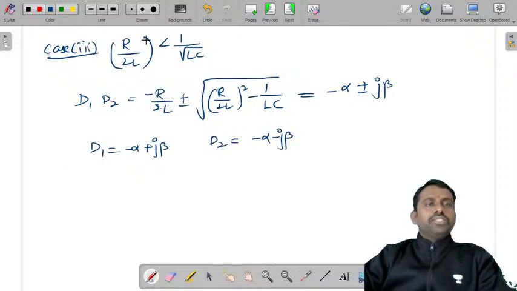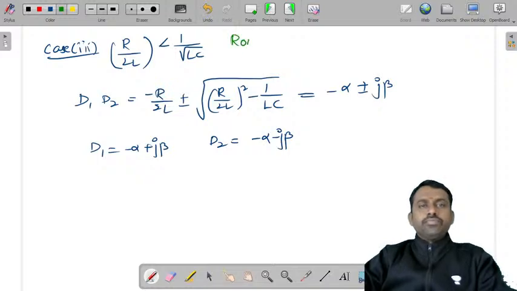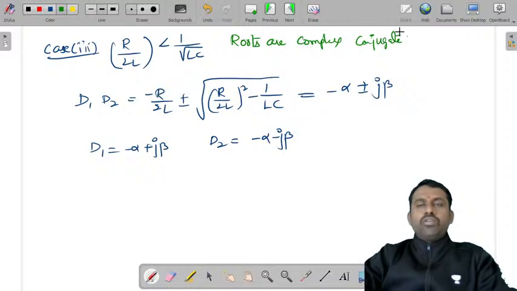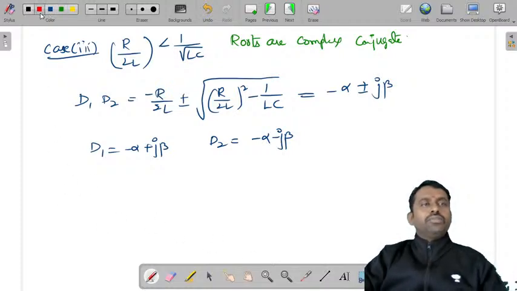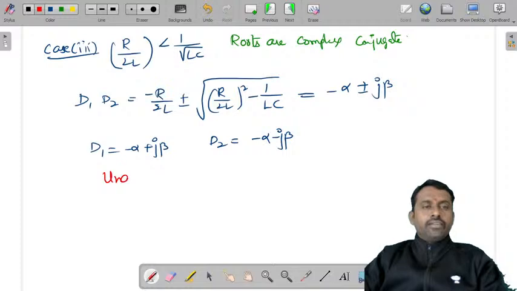So what are the roots here? Roots are complex conjugate. So when the roots are complex conjugate, the response is an underdamped response. It is an underdamped system.